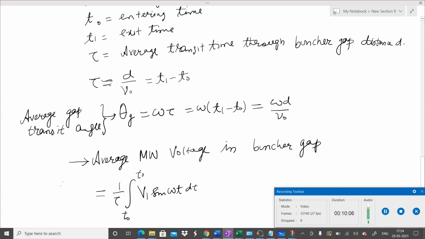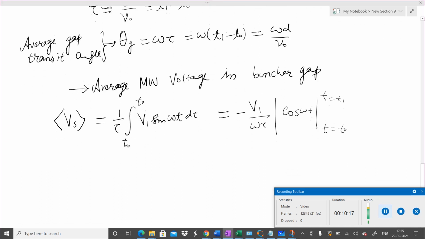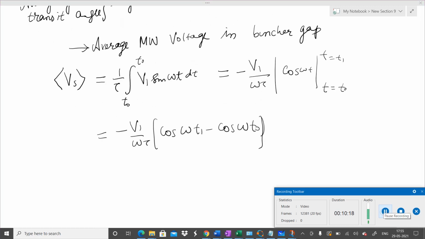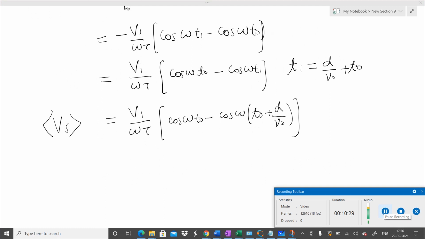That we define as the average microwave voltage in the puncture gap, which is equal to the usual integration of sine, minus cosine, putting in the limits. T1 can be written as d over V0 plus T0, and putting that in the equation, we get the average voltage in this form.